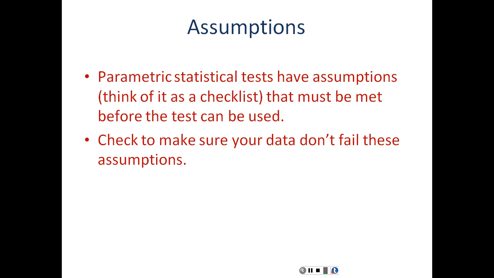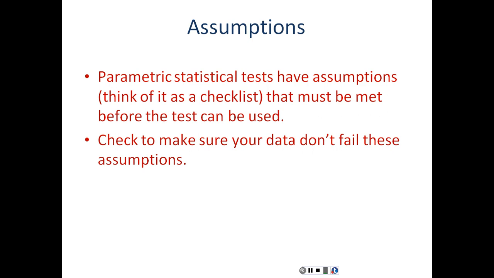Think of it kind of like a checklist where you have to meet all of these different criteria in order to conduct a specific statistical test. Each week as we look at different tests, if it is a parametric test, for instance, the t-test is an example of a parametric test, I will discuss that week what assumptions you have to meet in order to complete a t-test.